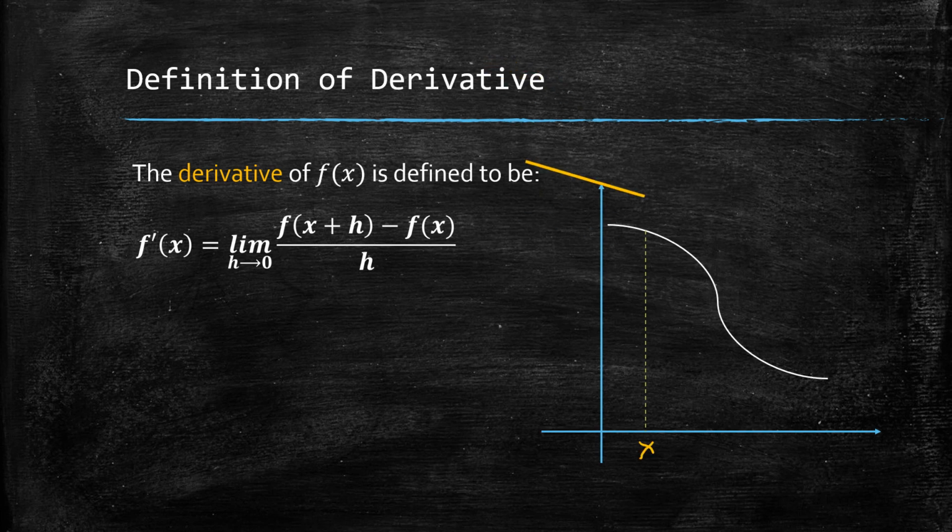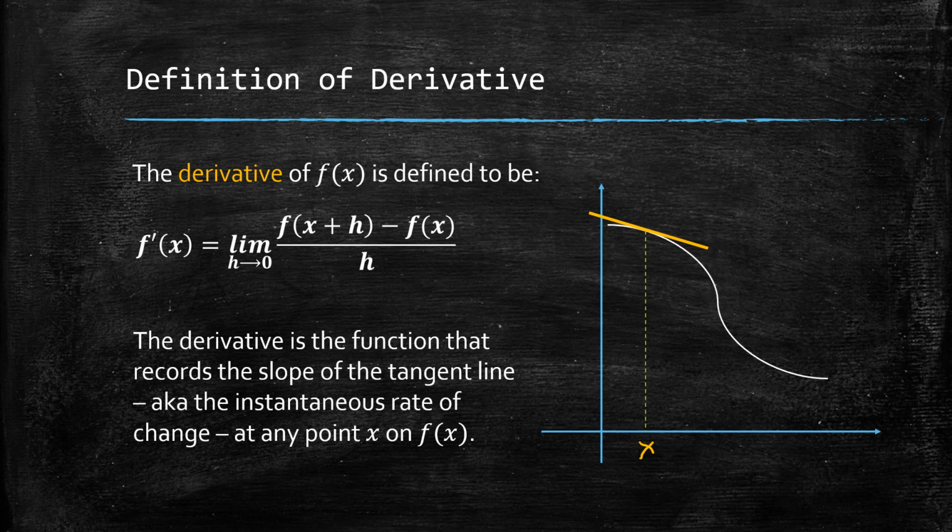When we talk about the derivative, we are talking about the slope of the tangent line again, or the instantaneous rate of change at any point on f of x. And remember that f prime x is a function in itself. Once we derive it, we could graph it in the same way that we could graph f of x.